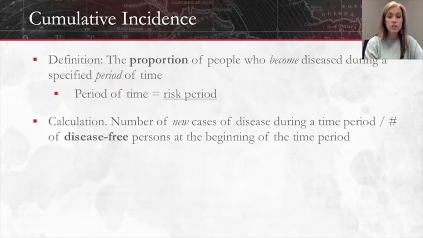So with incidence, you start off with disease-free people, and if the whole idea is to calculate a measure that talks about the risk of somebody developing a disease, then you need to start off your population at the beginning of the time period only with those who are at risk for the disease. Okay, and so depending on what type of health condition you may be looking at, it may be disease-free people, and you have to define that based upon the example.